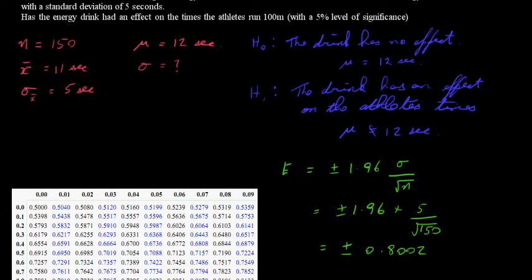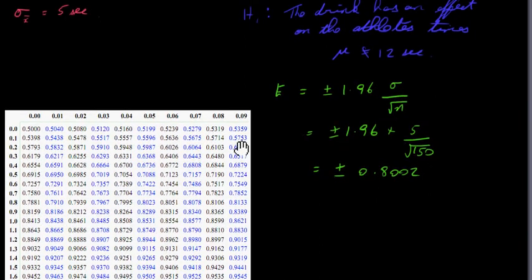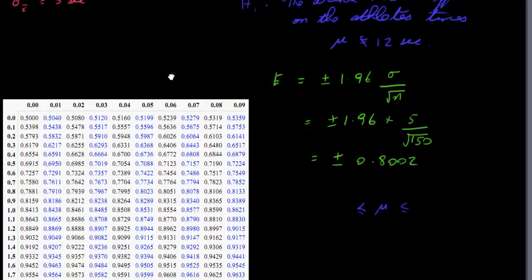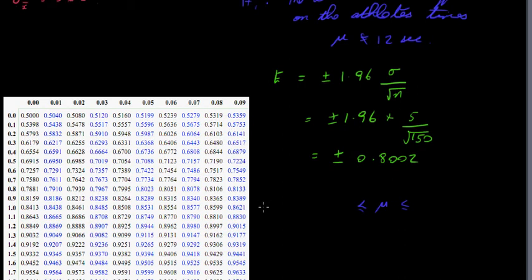Now normally what we would do then is we would say our population mean is going to be greater than or equal to our sample mean here, which is 11. Remember, we're looking here at 11 seconds. This is our sample mean. So it's going to be 11 seconds minus 0.8002, and it's going to be 11 seconds on this side plus 0.8002.